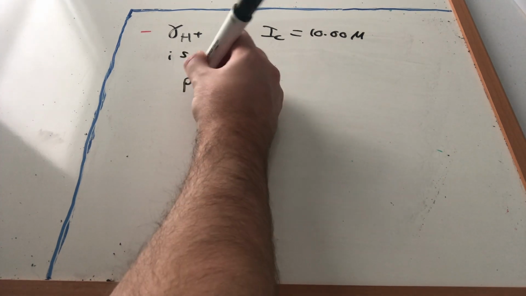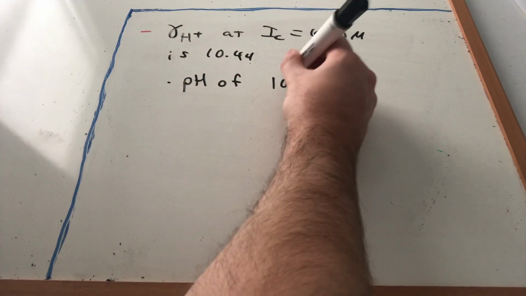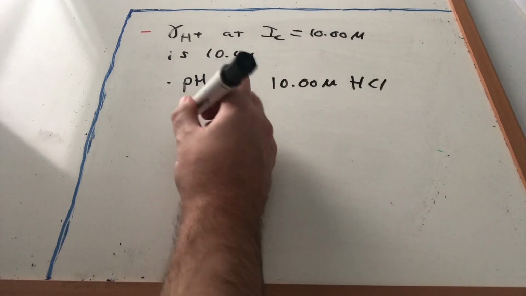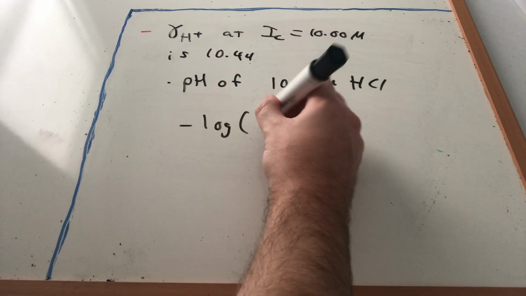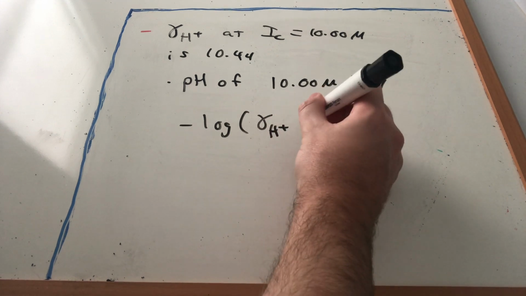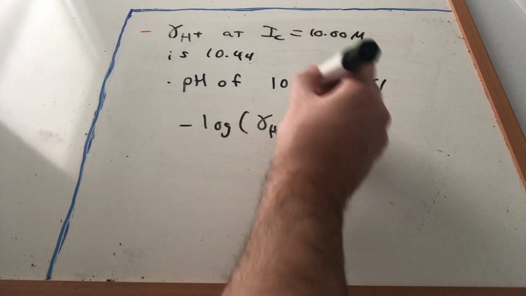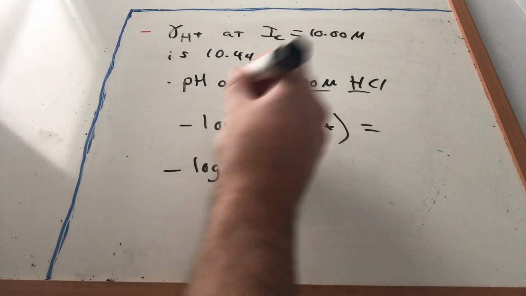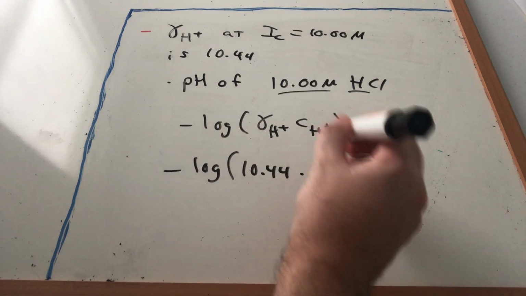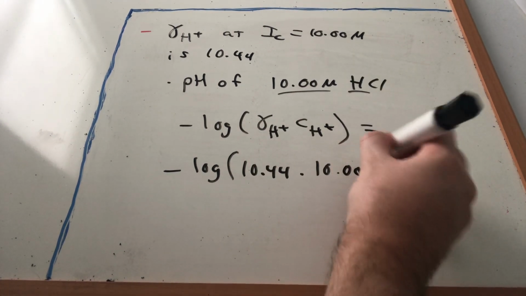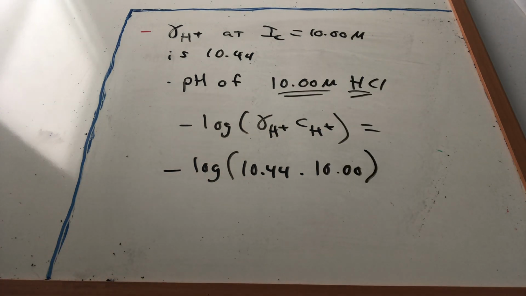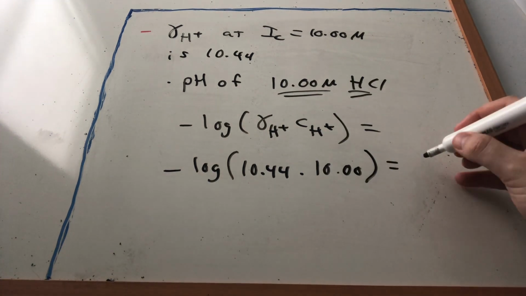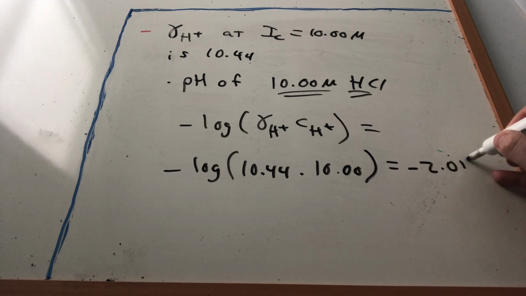If I want to take the pH of 10.00 molar HCl, that's the negative log of gamma for H plus times the concentration of H plus. Well, I know this is a 1-to-1 ratio, so this is equal to the negative log of 10.44 times 10.00. Concentration of HCl is the concentration of H plus. I get a negative 2.0187 pH, something that's saying, hey, there's a ton of acid there.